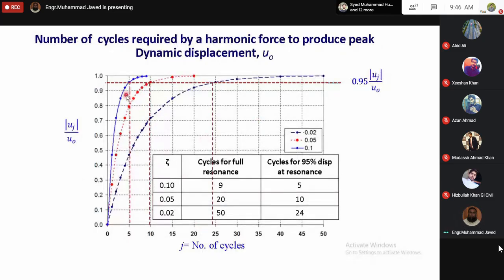The equation is plotted for 0.02 damping ratio, this dark blue. The red one is for 0.05 or 5% damping ratio, and this blue solid line is for damping ratio of 0.1.